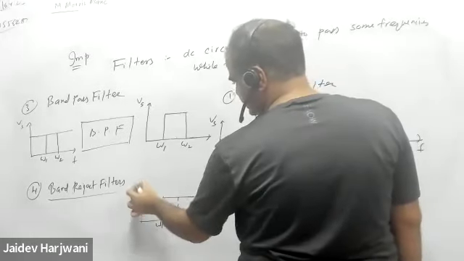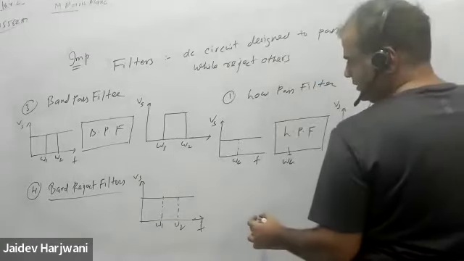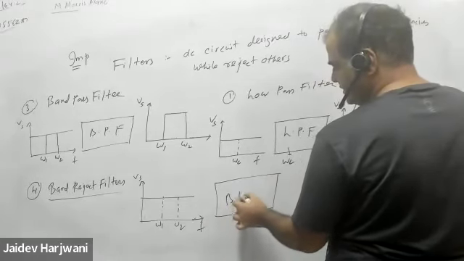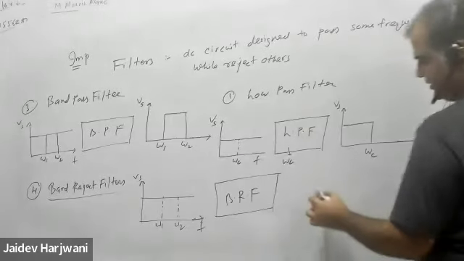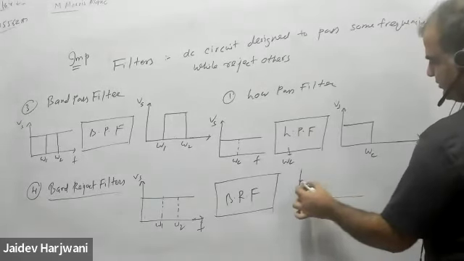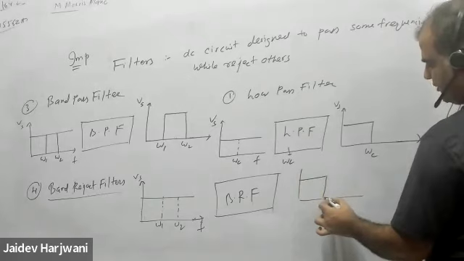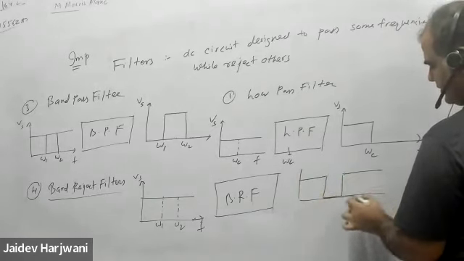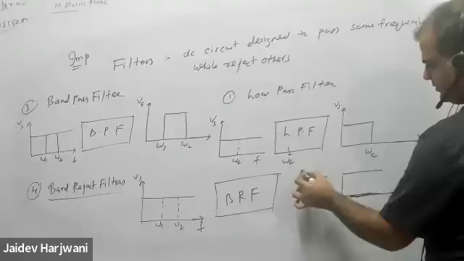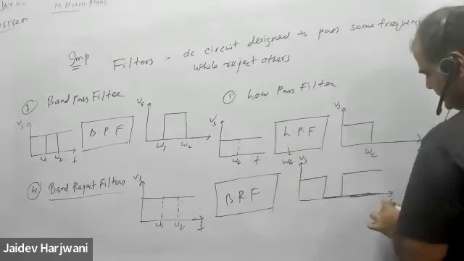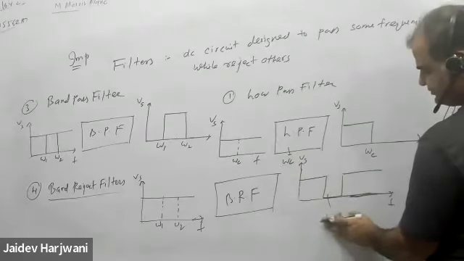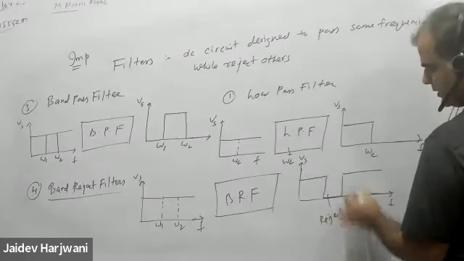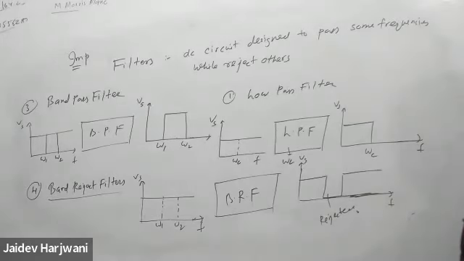So for the frequency signal, you have a band reject filter, and it will pass low frequencies and high frequencies, but this band will be rejected. This is the pass band.